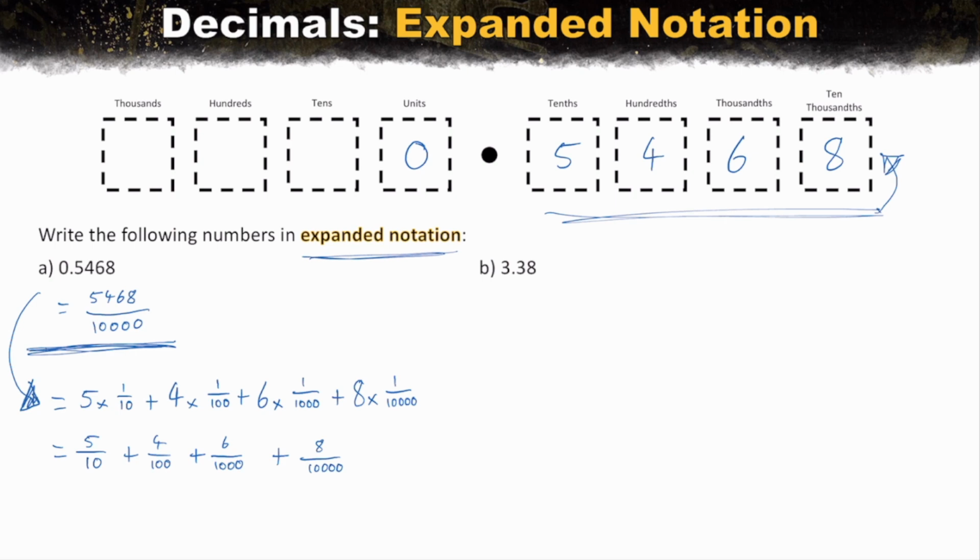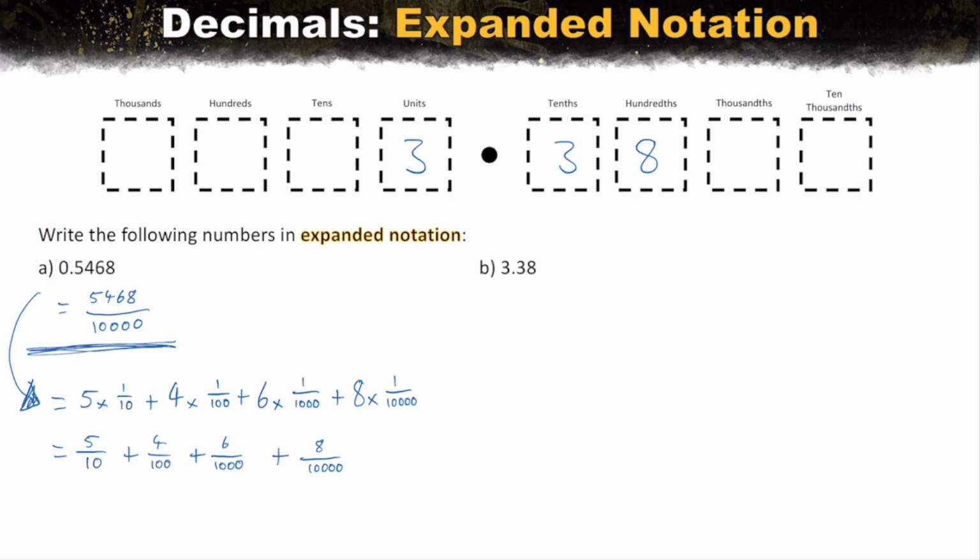Now I will do just one more so we've got a clear head around this type of question. So we've got 3 wholes and 38 hundredths. That's how we'd actually read that.